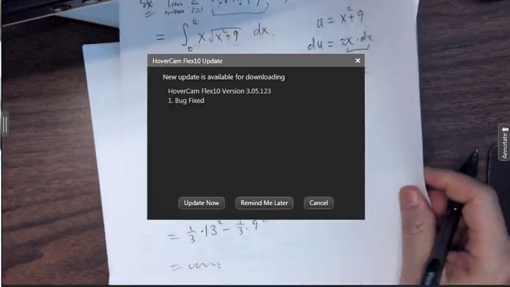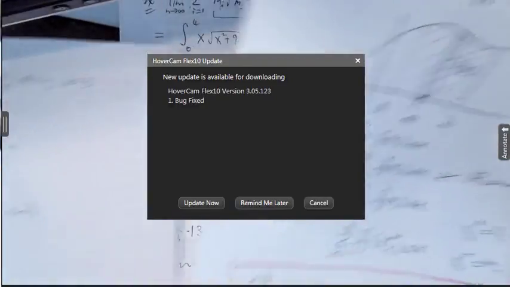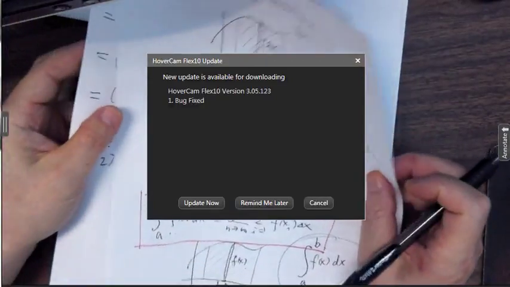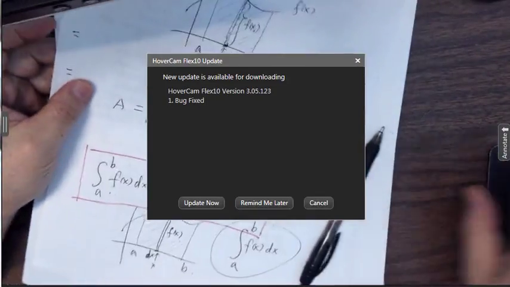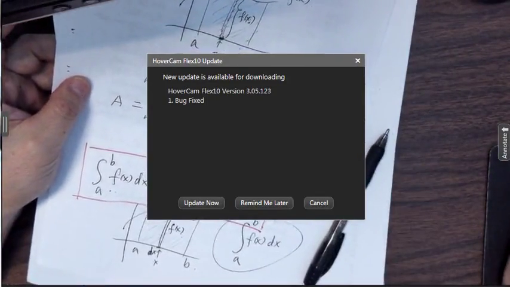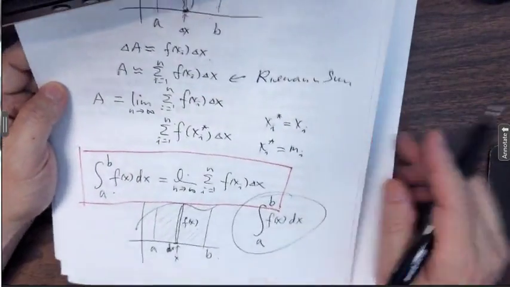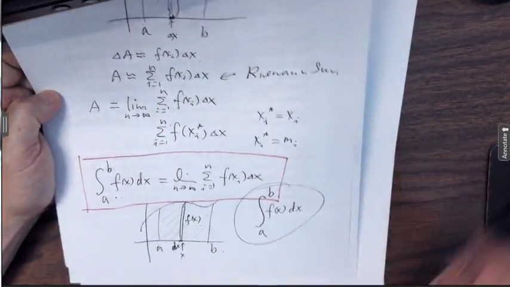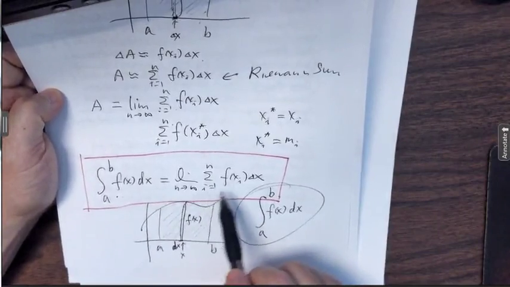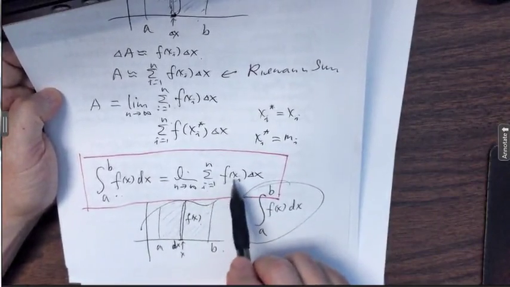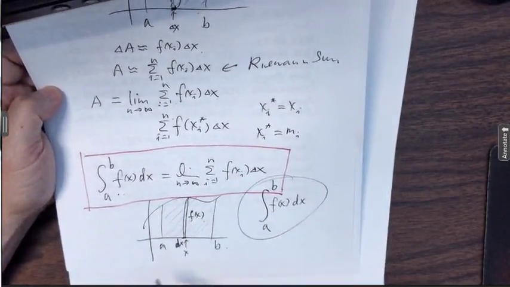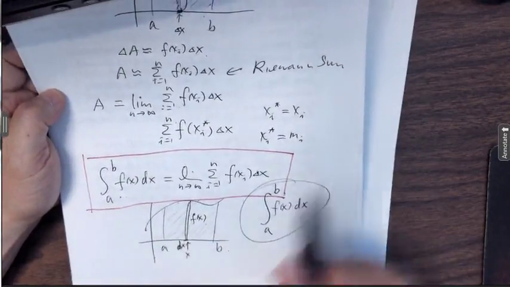So now we've seen 2 examples of how we evaluate the limit of a Riemann sum, because of the definite integral formula.